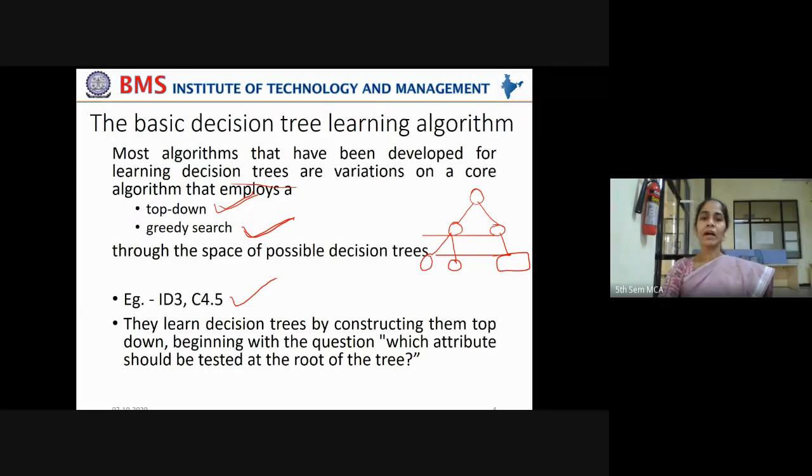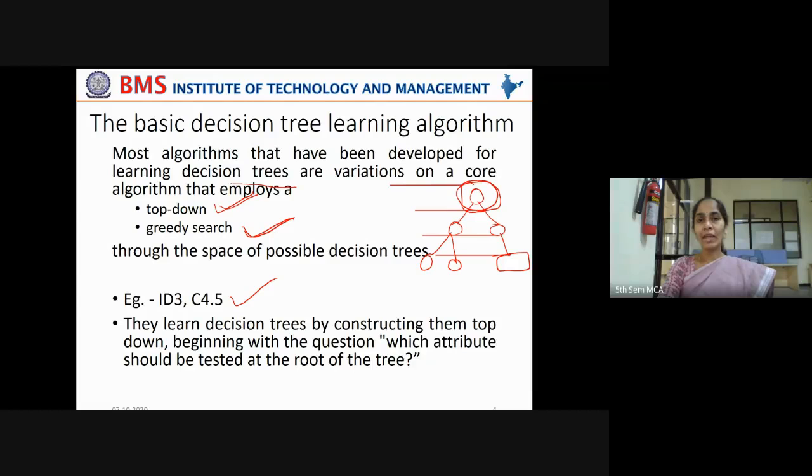This is how the decision tree is constructed in a top-down approach, beginning with the question: which attribute has to be tested at the root of the tree? Which attribute better classifies all the training examples? Which attribute will make the classification very pure? That should be given at the root node so that the decision tree is optimal.